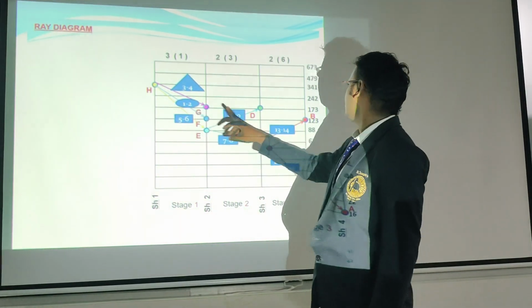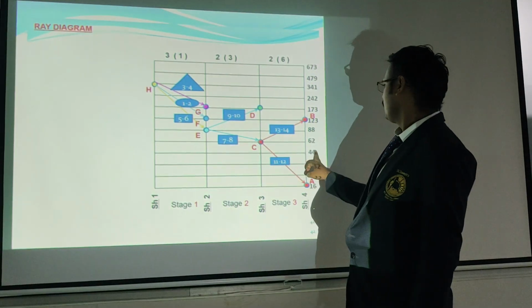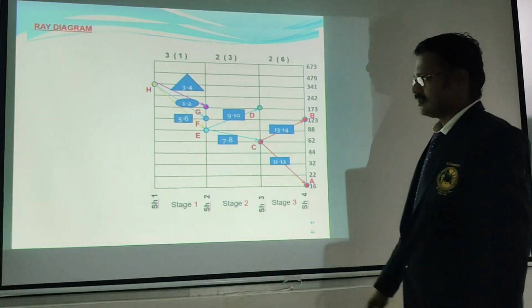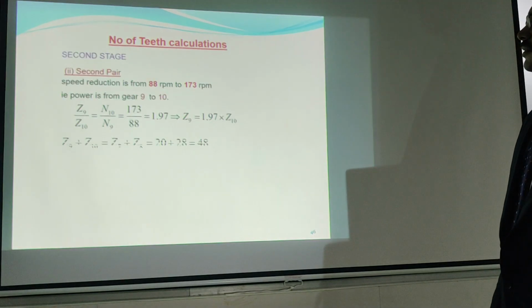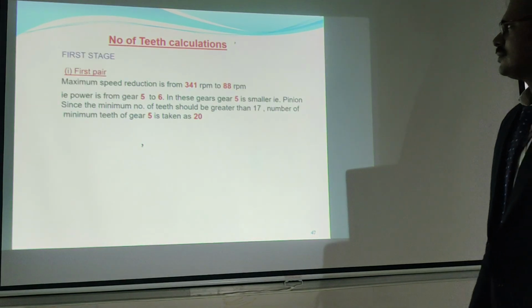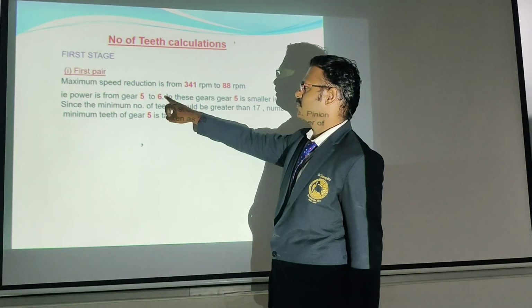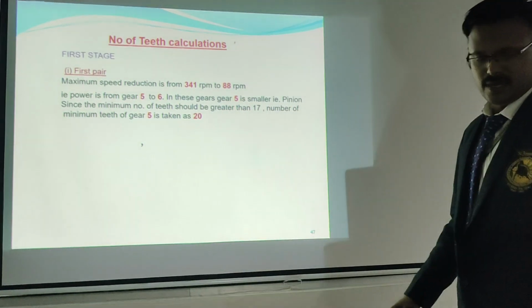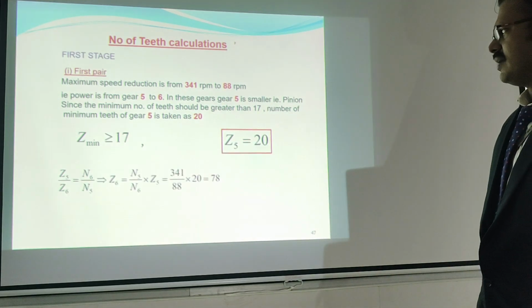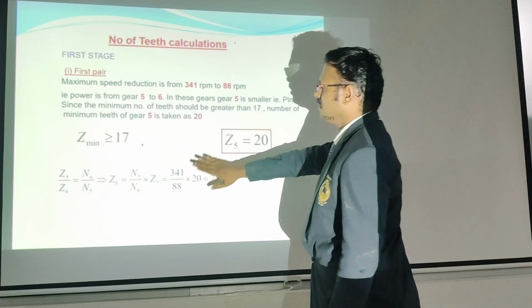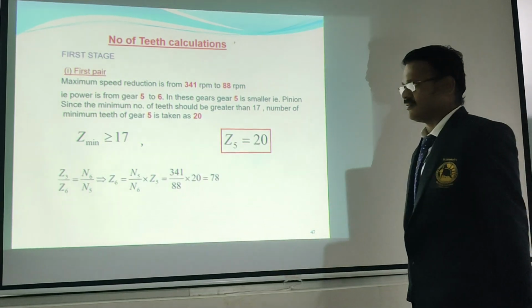So now I am taking 5 to 6 as a pair. The input RPM is 341 to 88, for 5 to 6. So N5 by N6 equals Z6 divided by Z5. By substituting all the values, you can find the Z5 value.